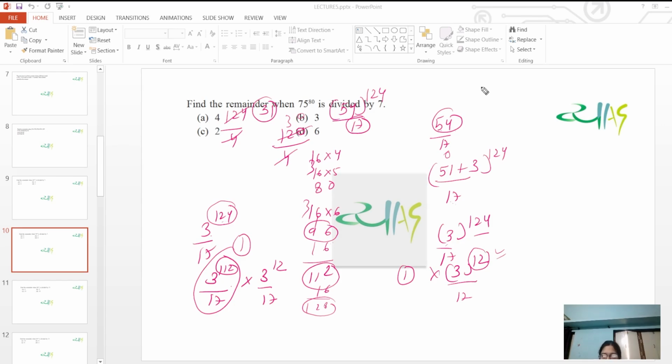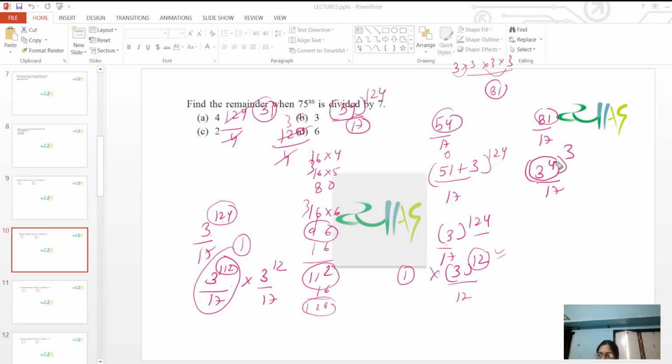Is there any other thing you can do? See, you have 3 into 3 into 3 into 3, which will give you 81. 81 divided by 17. So 81 is basically 3 to the power 4, raised to the power 3 by 17.